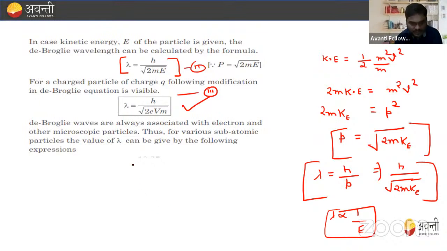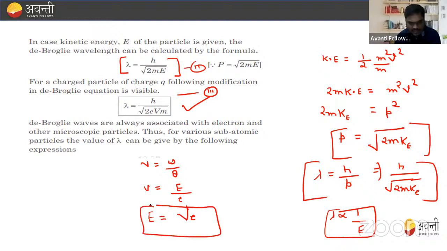How does it come? We know that V is equal to W upon Q, or we say voltage is nothing but work in the form of energy, and Q is the charge of the electron, so this is e. Now, how will you calculate lambda? Energy is equal to V into e, voltage into electron charge.